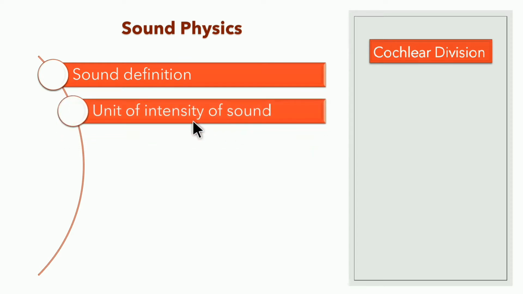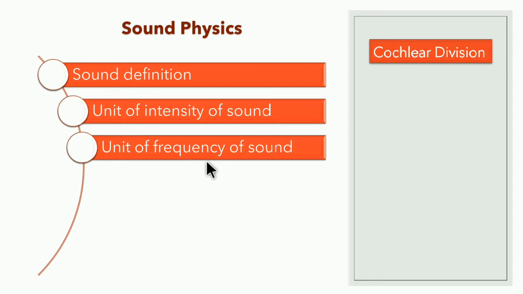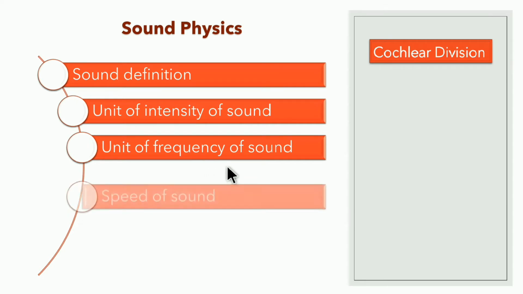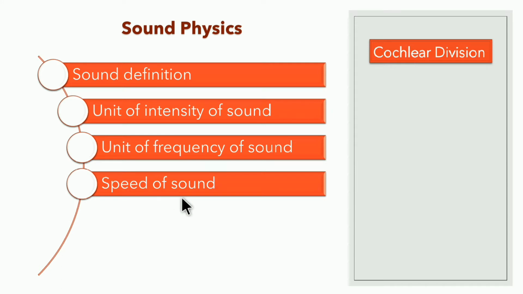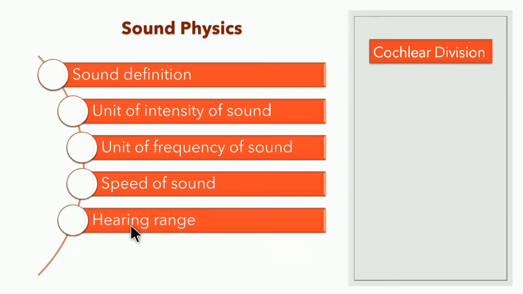Then what is the unit of intensity of sound? The unit of intensity of sound is decibel, where d is small and B is capital. What is the unit of frequency of sound? It is hertz, that is waves per second. What is the speed of sound? The speed of sound is 330 meters per second in air at 20 degrees Celsius. Okay. What is the hearing range?